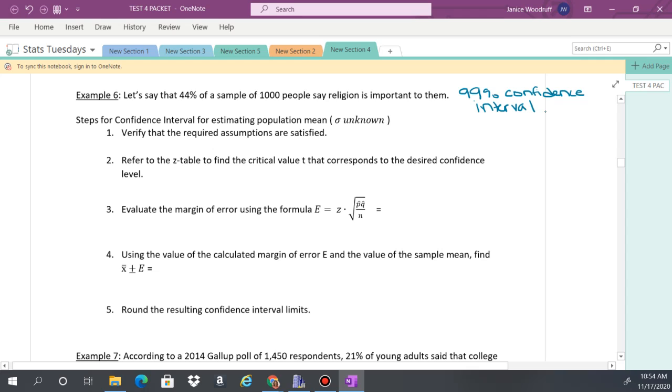Okay, so first thing, remember to verify that our assumptions are satisfied. Remember with a proportion, it is NP and NQ are greater than 5.